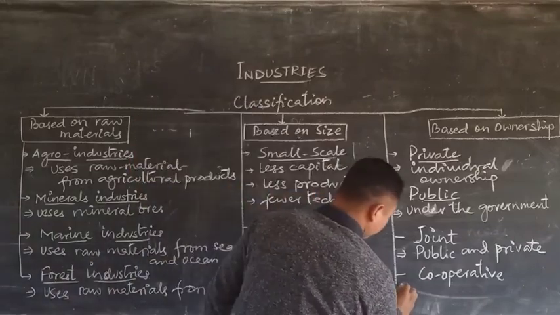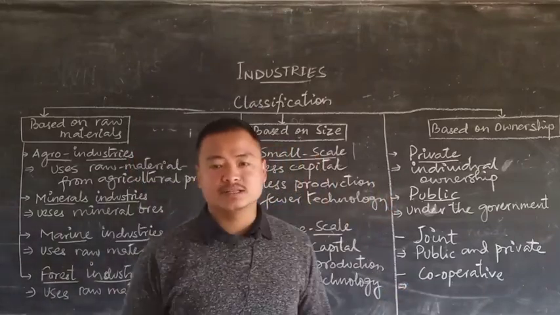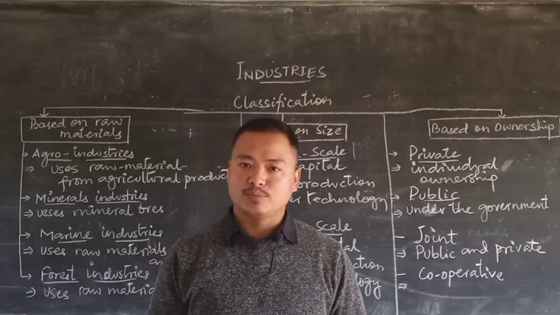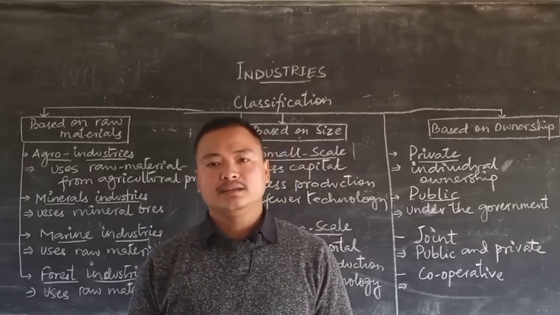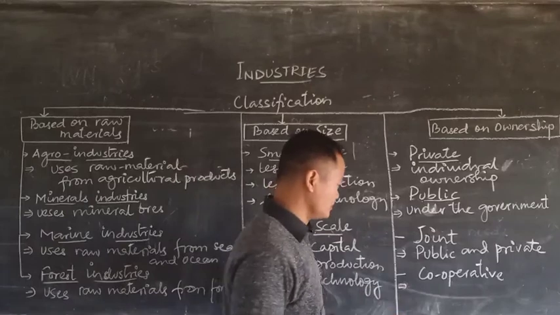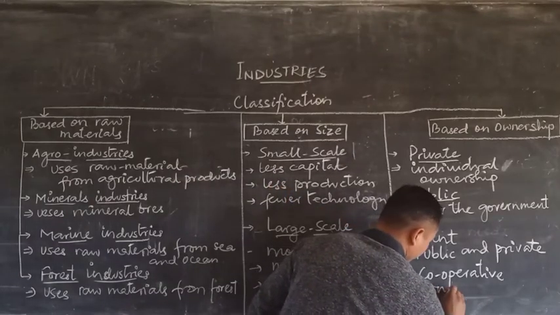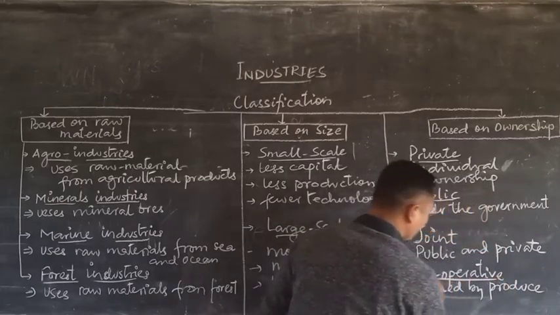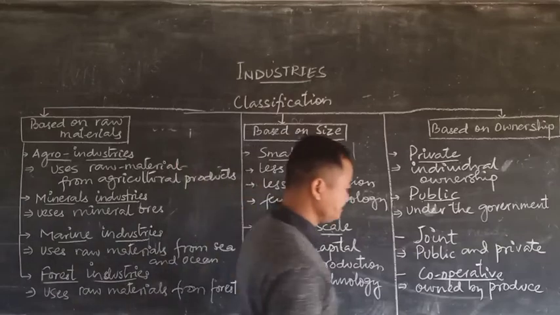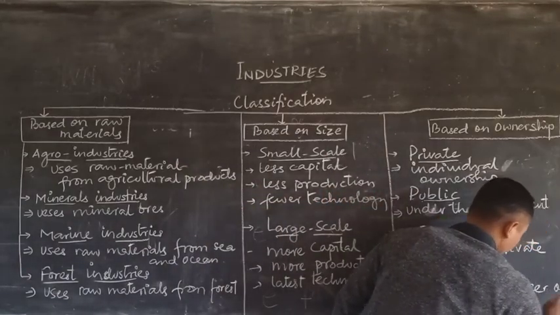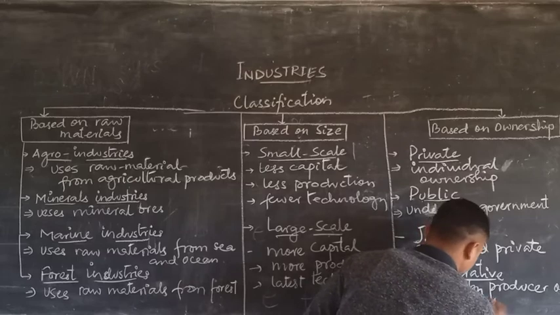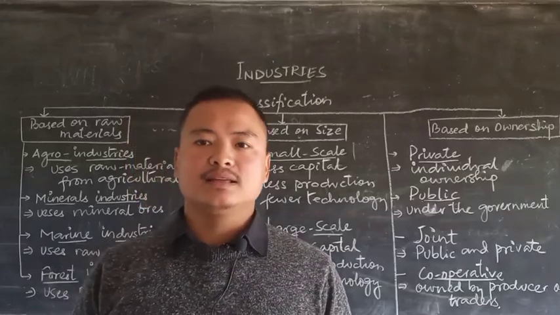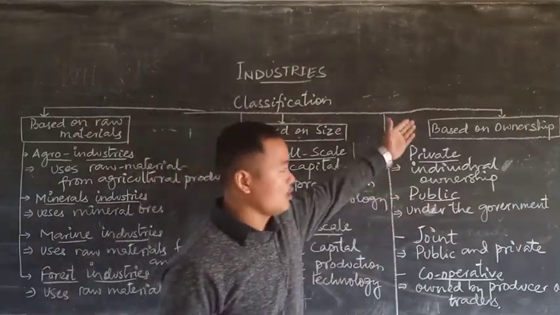In cooperative industries, they are owned by a few groups of people who are mostly either producers or traders. So this is owned by either producers, that is a group of people who could call themselves producers, or traders. So these are the four different categories of industries based on ownership.